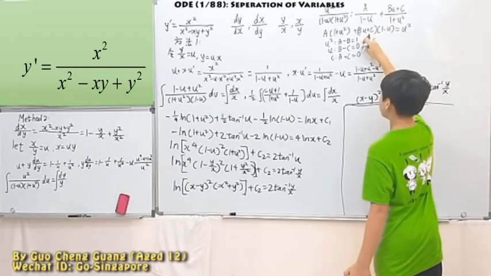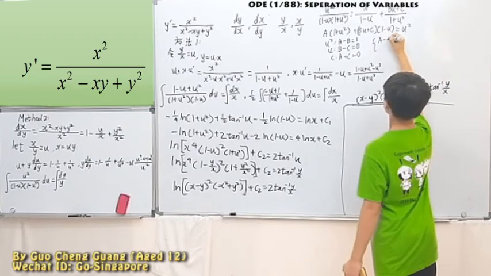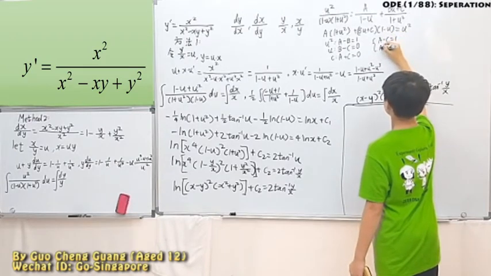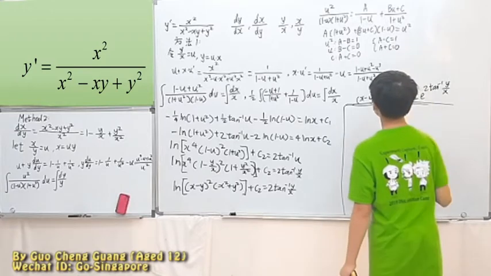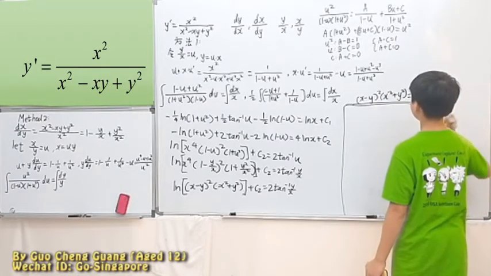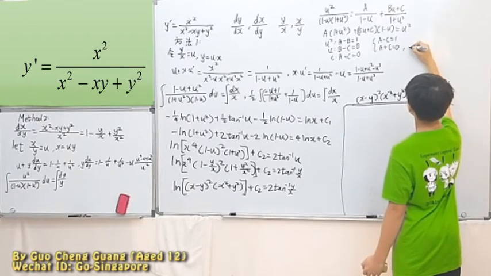From these two, you can first cancel b. And it becomes like this. So then you can go on to find out what these are.